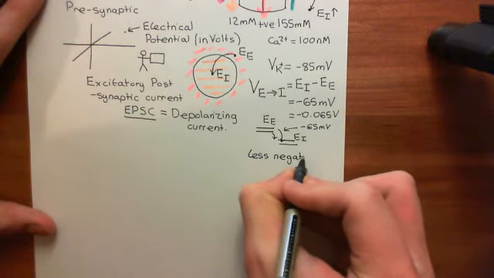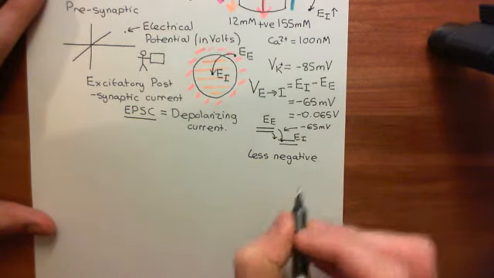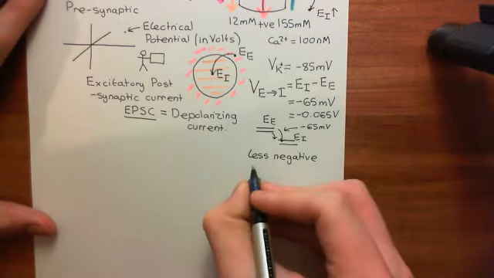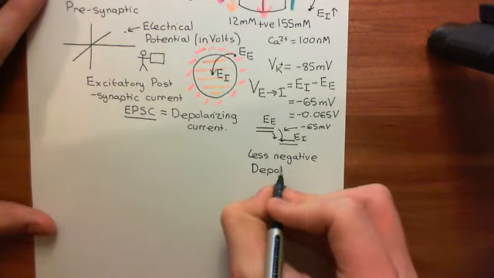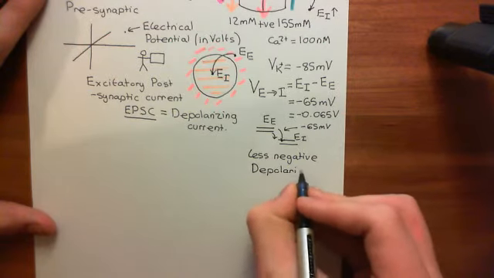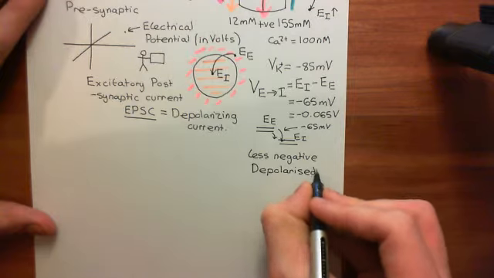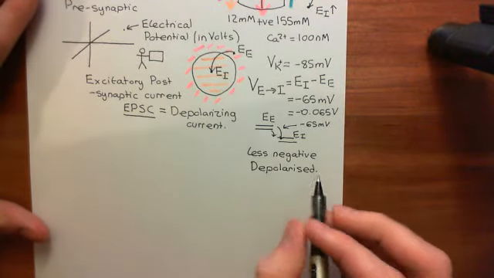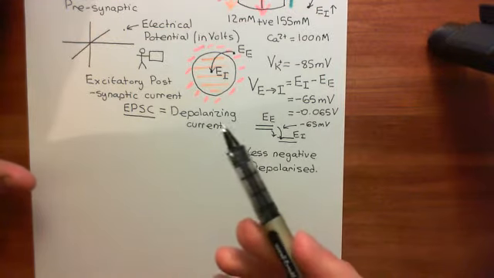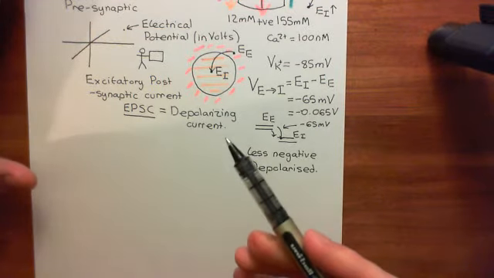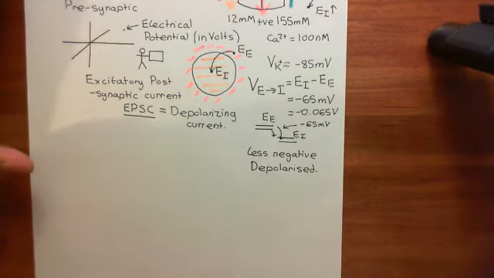Okay, so the step down is going to get lower. Now, the fancy word for the electrical potential difference across the cell membrane becoming less negative is to say that it has been depolarized, or the membrane has been depolarized. And we would call the action of depolarizing the electrical potential difference across the cell membrane depolarization.